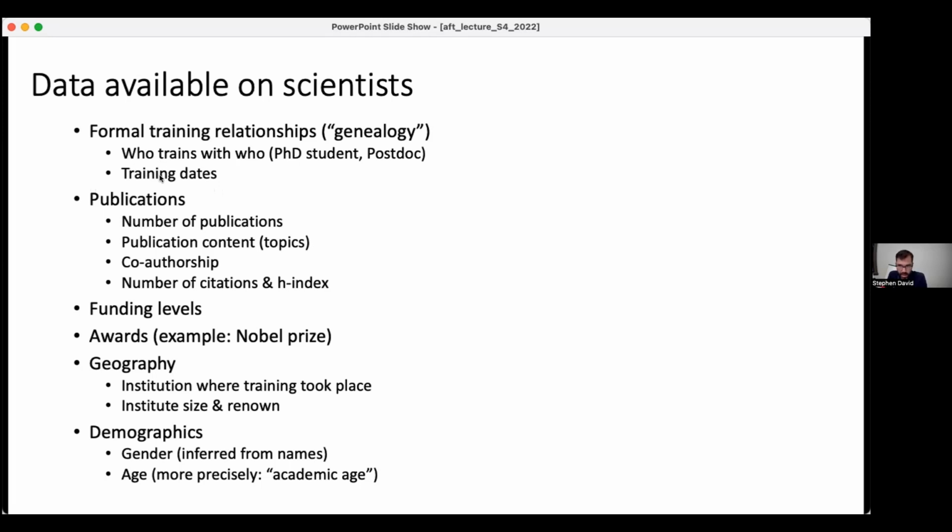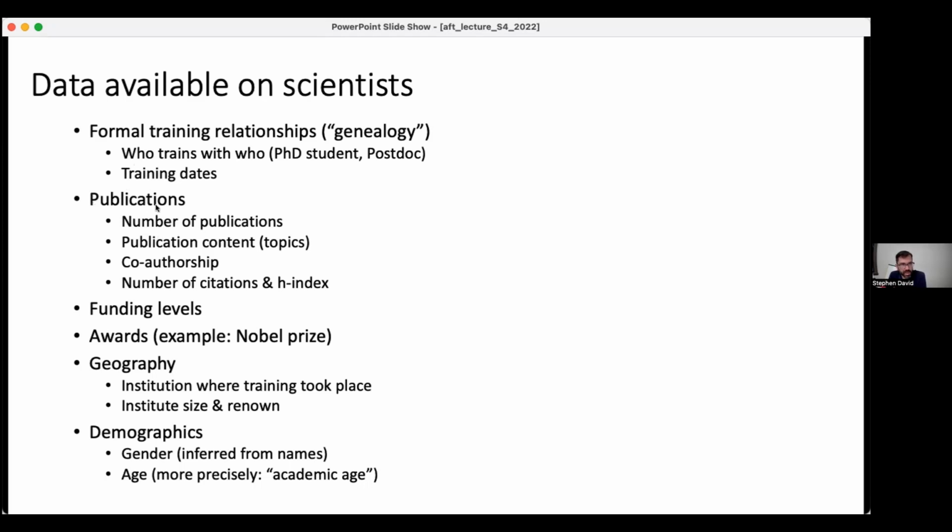Also, time is something that I'll get to a couple times here. The dates when the training took place are very important to consider, and obviously embedded to some degree in the tree structure. But of course, the duration of training can vary among researchers, so keeping track of the time of the training is important.